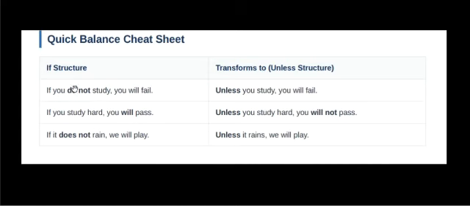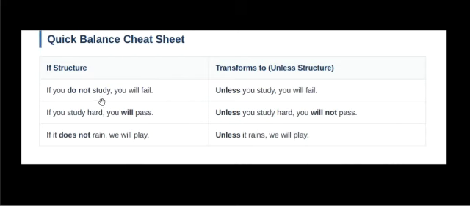Remember again, do not is a negative part of this sentence. So this one will change to what? This part is already in a negative form, so the transformation of this will be in positive. Remember that? What we said. So, unless you study, comma, you will fail.